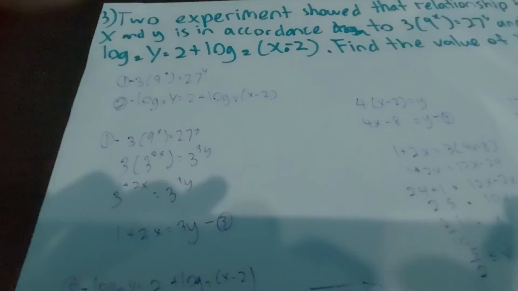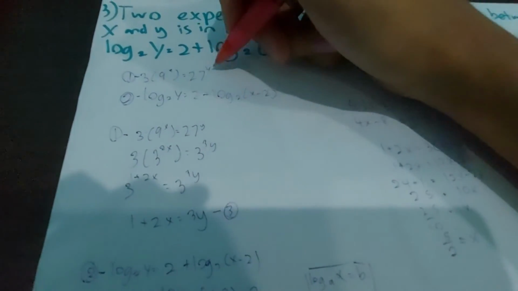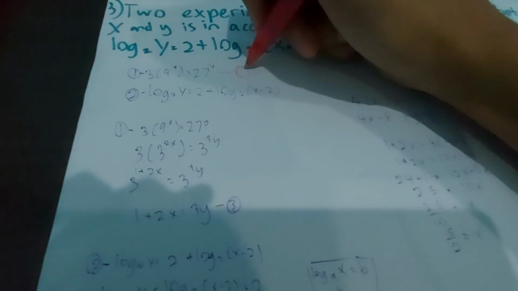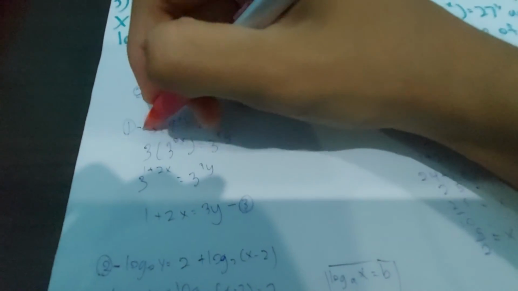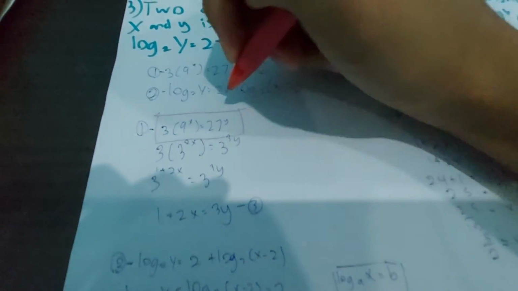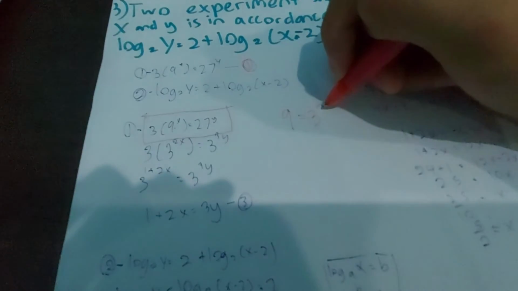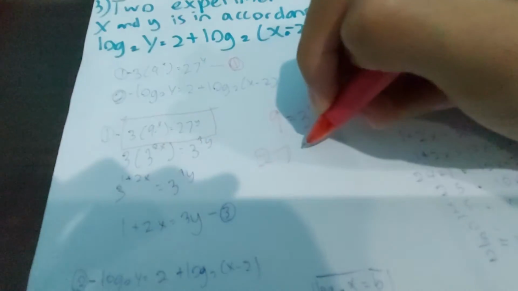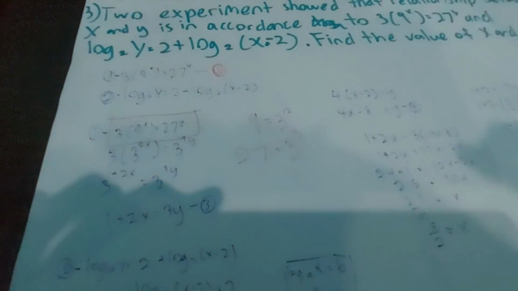Okay, and now for the first step, we just need to simplify this equation first. 9 is also equal to 3 squared, and 27 is equivalent to 3 to the power of 3, right?